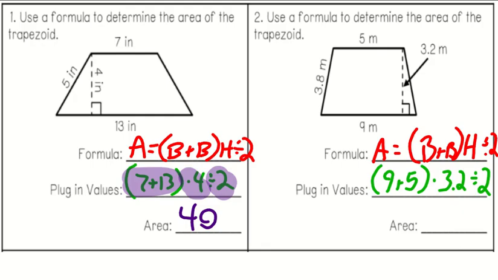Number 2, not necessarily trickier, it just has a decimal. Who thinks they got that one? Gray? 22.4 is correct. So similar idea, add our bases, that gives you 14. 14 divided by 2 is 7.